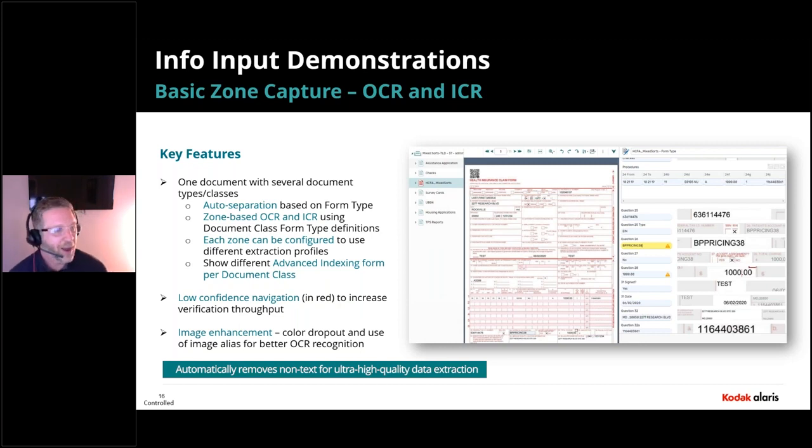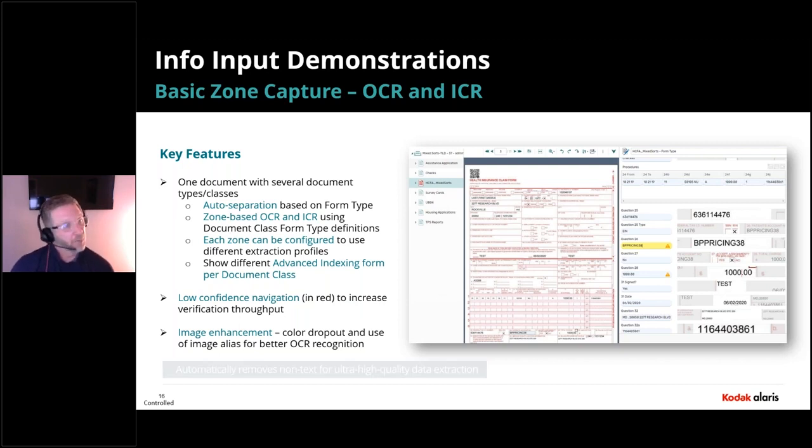We're able to extract with higher confidence because there's more white space around the value. Then we use what we call an image alias during processing, and at the end, we can put the full form back, so you get the red just like it looked when you scanned it.